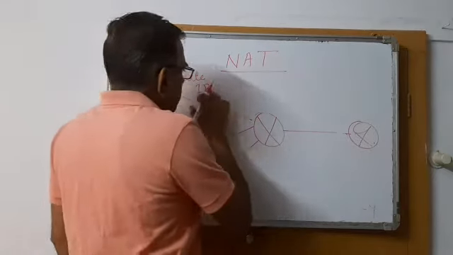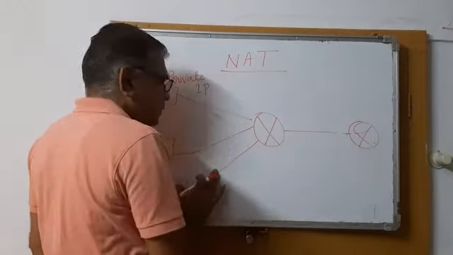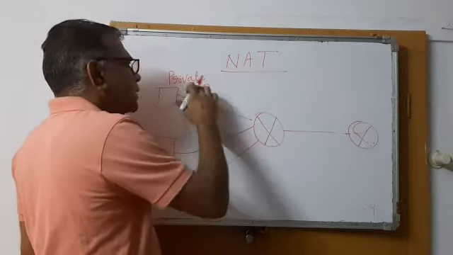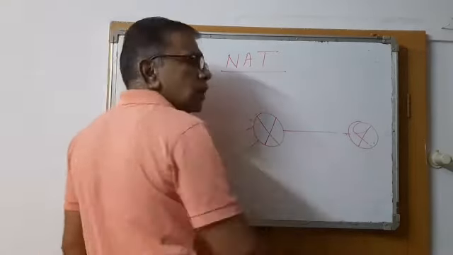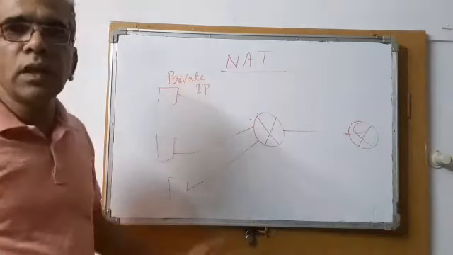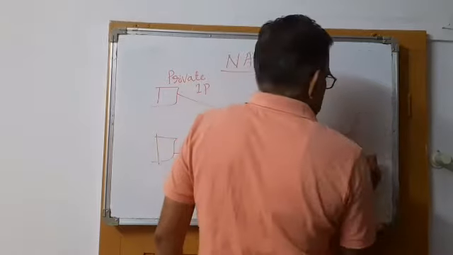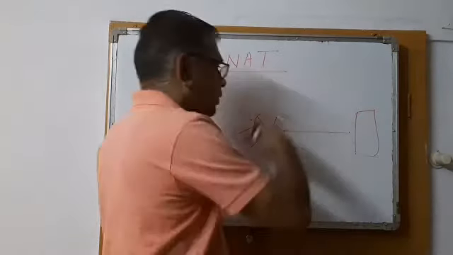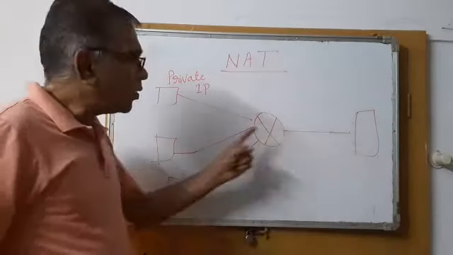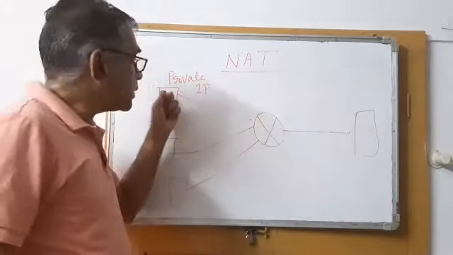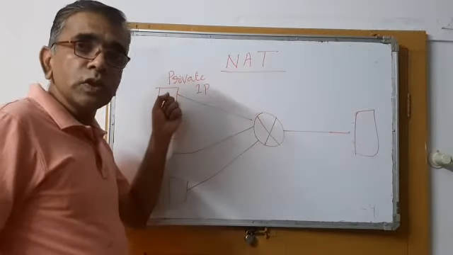So when we use private IP addresses, how can you make these machines communicate with external servers or external devices, external machines? Say for example, if you want to access a Google server which is outside your organization, how are you going to communicate with it using these private IP addresses on these machines?